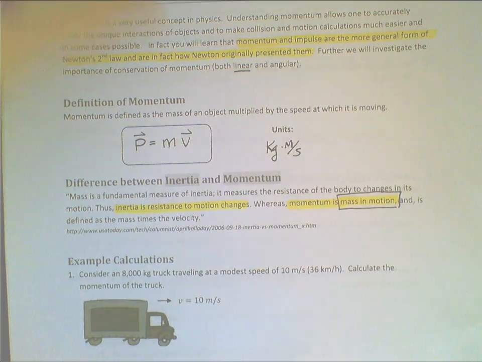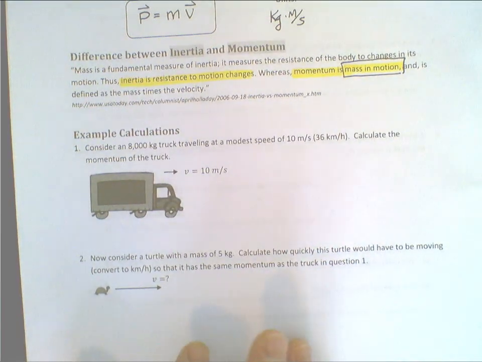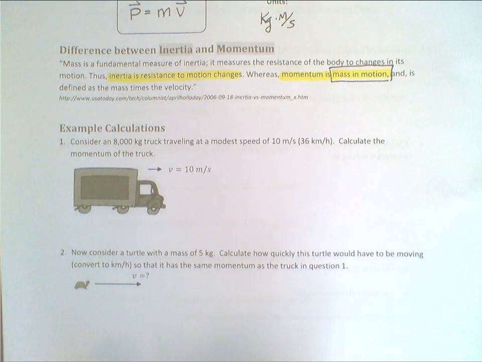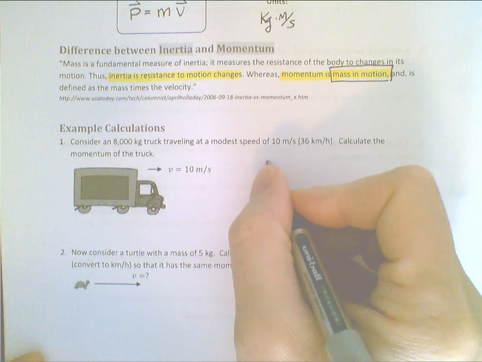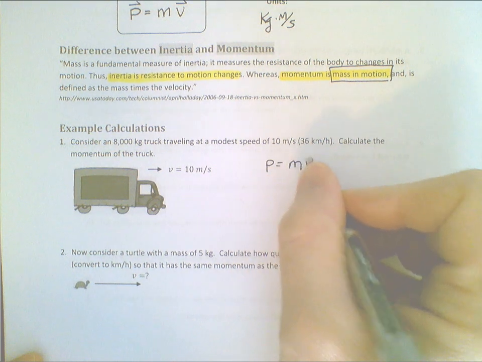Okay, so where can we go from here? Well, we're in day one of this, so we're going to go through this pretty quick. Let's say you have a truck right here, and it has a mass of 8,000 kilograms. It's traveling at just 10 meters per second. If you multiply by 3.6, you've got 36 kilometers an hour. Calculate the momentum of the truck. So p equals m times v.